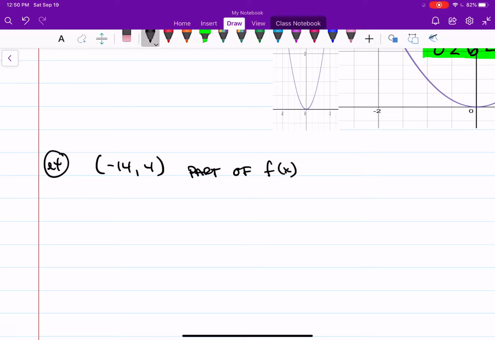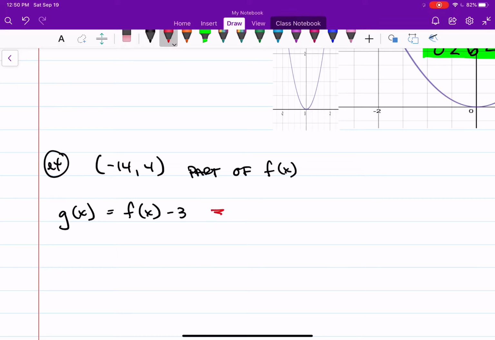They want you to find g of x is equal to f of x minus 3. Okay, so what does that mean? Well, what do you know about f of x? F of x is the y value, correct. So if f of x is the y value, I just want to take the y value and subtract 3.